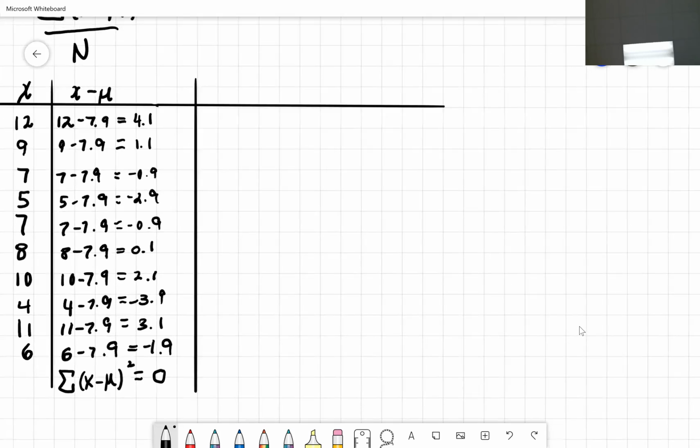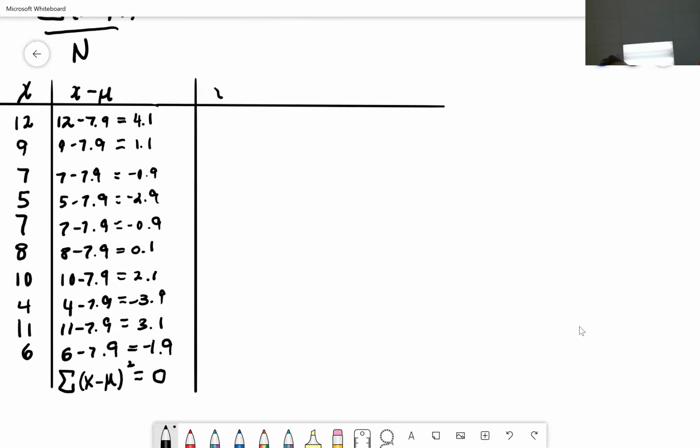So the next thing you do is square your deviations, to make them positive. So 4.1 raised to the second is going to be 19.36. So you write 19.36.